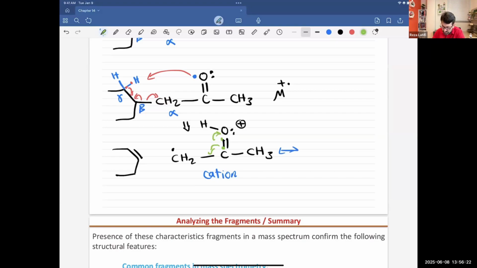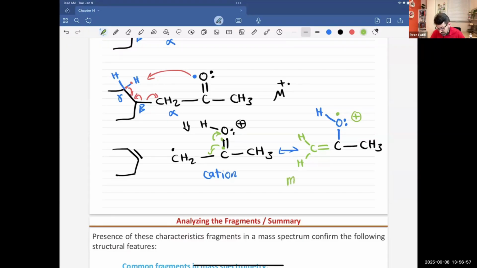So we will have carbon with two hydrogens, double bond with that carbonyl carbon, and then we will have CH3. And here we'll have oxygen attached to hydrogen. Oxygen has a lone pair and also gained one electron, so it will be a radical. The charge for oxygen is +1, so I can call this one a radical cation technically.